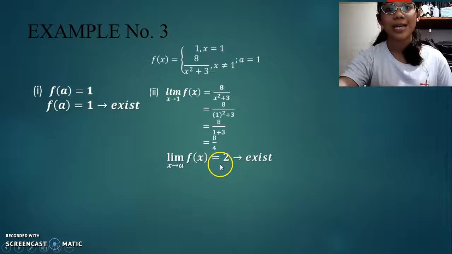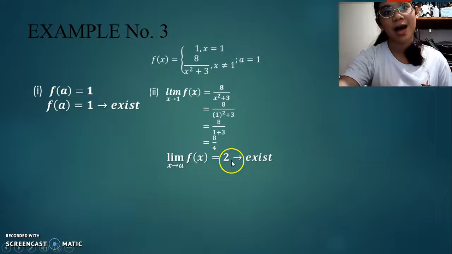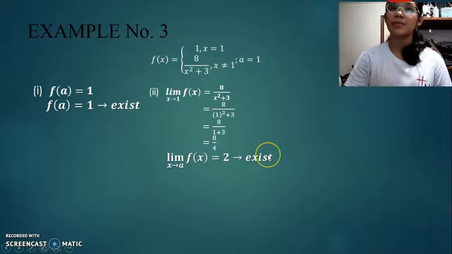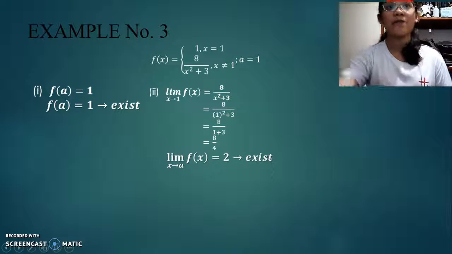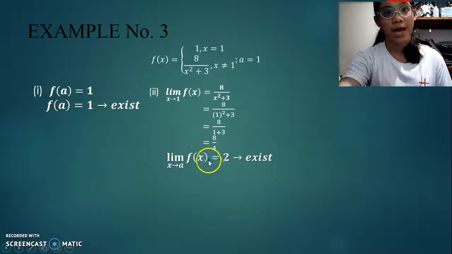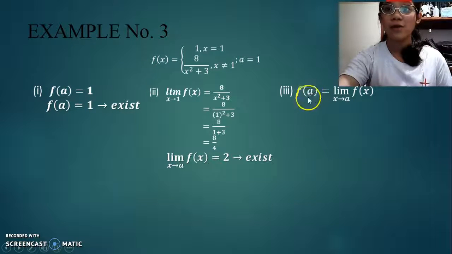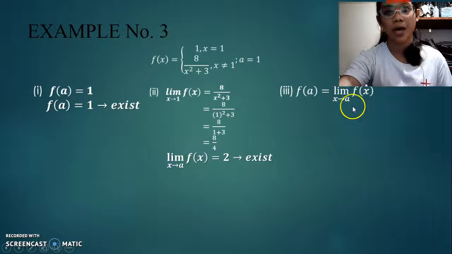So since 2 is not an undefined number nor an indeterminate, it is existing. So the limit of the function of x, where x is approaching A, exists. Since we have the value of f of a and the limit of the function of x where x is approaching a, we will now proceed to condition number 3. So, the value of f of a must be equal to the limit of the function of x where x is approaching a.